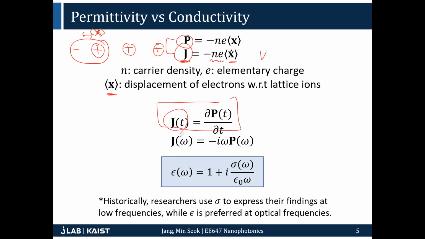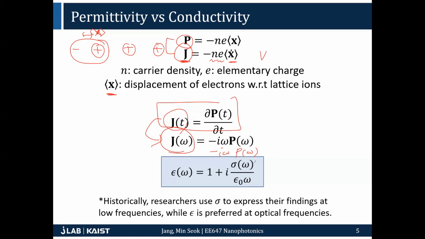Current density is actually the time derivative of the polarization. In the frequency domain, if you do a Fourier transformation, the current is just minus i omega P of omega. So they are proportional to each other.